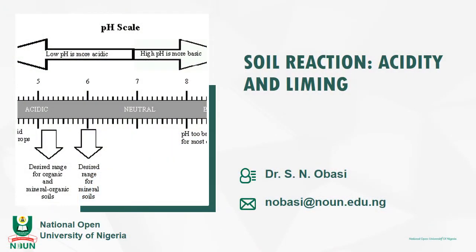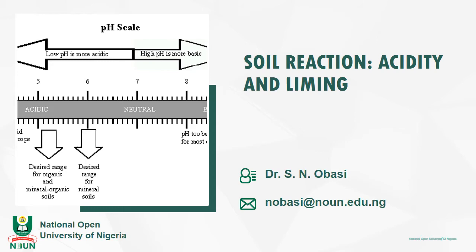Yeah, we are going to be considering soil reactions. Soil reaction simply means soil acidity and also liming. These are the two basic components we'll be considering under soil reaction this moment.